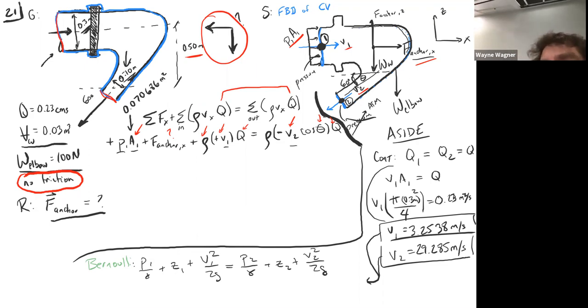We want P1. So we're going to say P1 over gamma. Gamma in this case is the gamma of water. So, I'm going to give you 3 seconds. You should know what the gamma of water is. Some of you right now are fumbling through numbers in your head. Make sure that if you don't know what it is, really fast, write down on a sheet of paper what the gamma of water is in both unit systems and what the rho of water is in both unit systems.